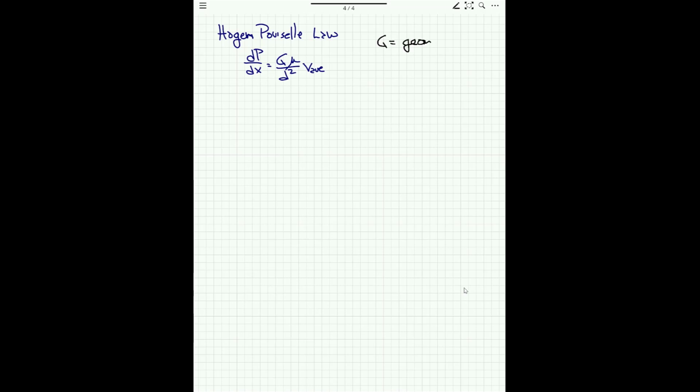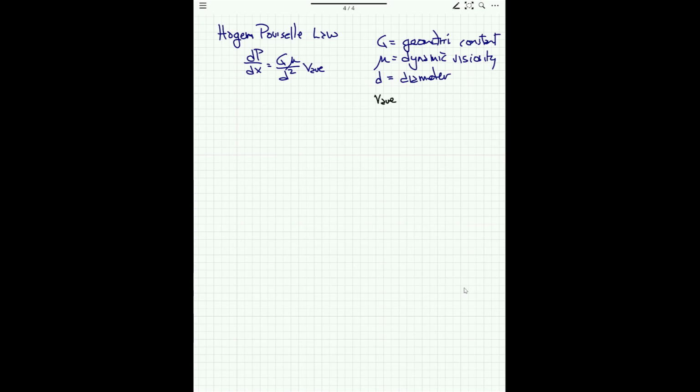Geometric constant, dimensionless. Mu, this is the dynamic viscosity. D is characteristic length. We could think of it as the diameter of the circular pore, and V average is the average velocity.